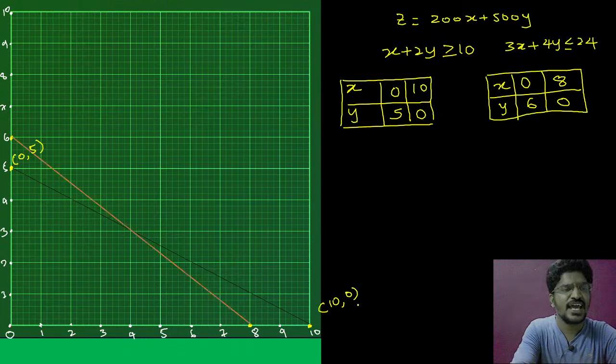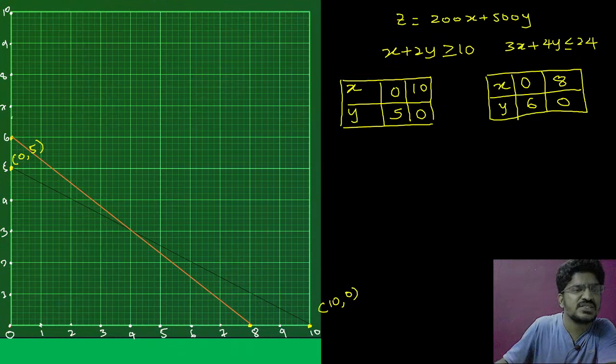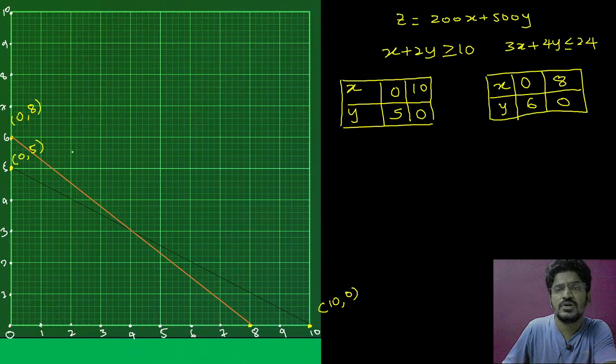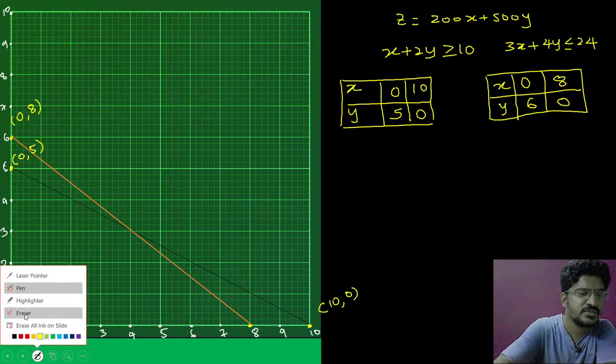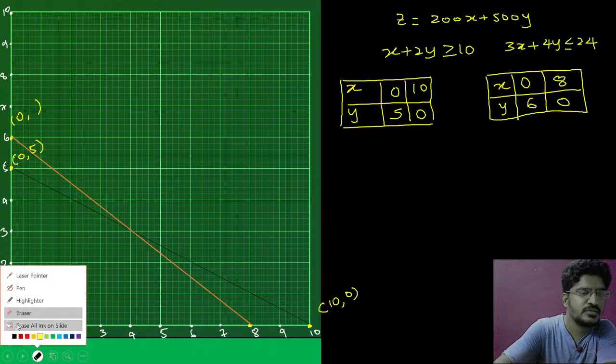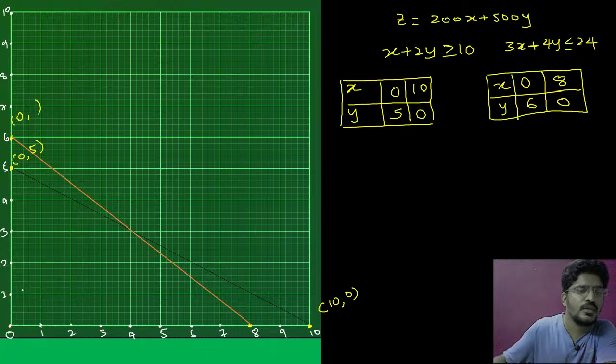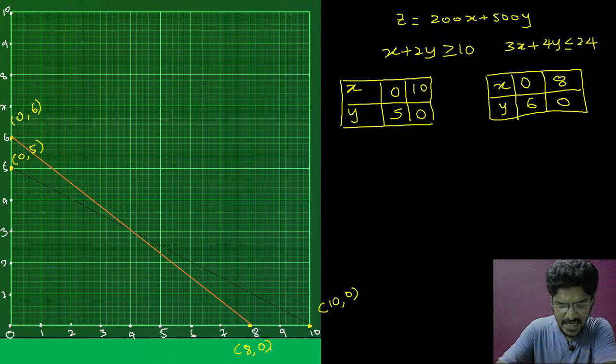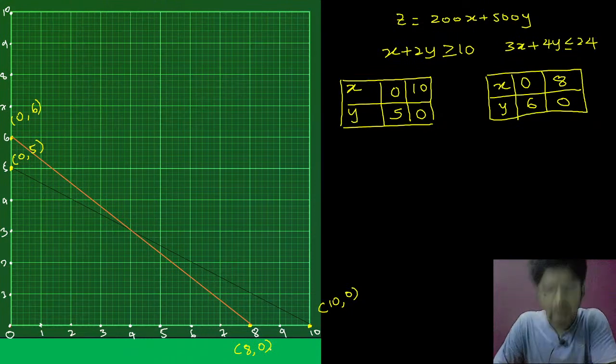And you see the second line. The second line is x is 0, y is 6, sorry, not 8, 6. Next, this point is x is 8, y is 0.